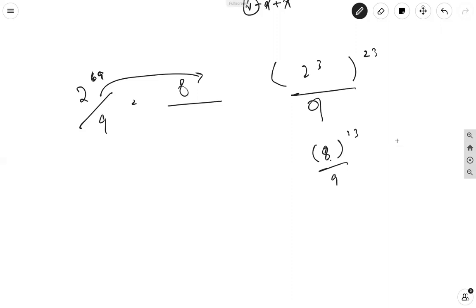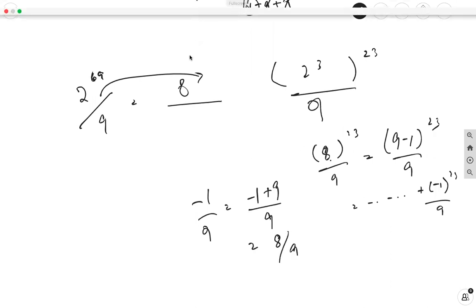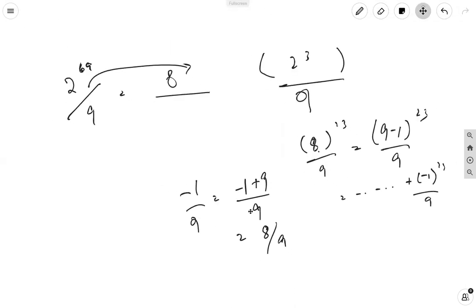We can write this as 9 minus 1, power 23, by 9. And if you proceed further, you will get minus 1 power 23 by 9. So you have minus 1 over 9 and the end result minus 1 plus 9 over 9, which is 8 over 9, right? Isn't this an easy method to solve this question?